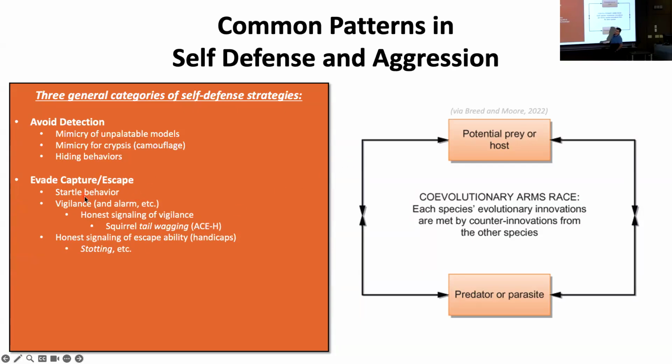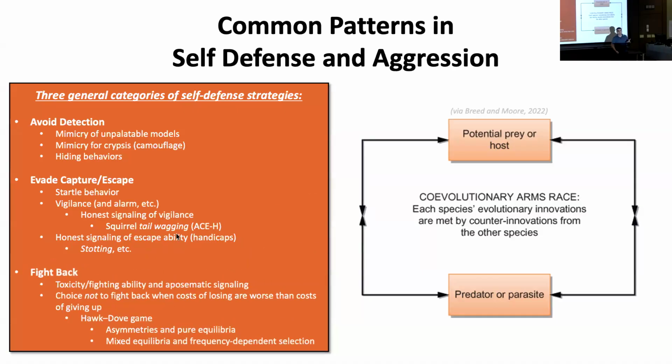That's where we talked about startling behavior that slows the predator down. Then there's vigilance, where if you pay attention to where the predators are, you can maybe pre-escape to give yourself extra time. And if you have the ability to escape, if you can signal that ability to the predator, the predator might pick up on that, and that might save you.